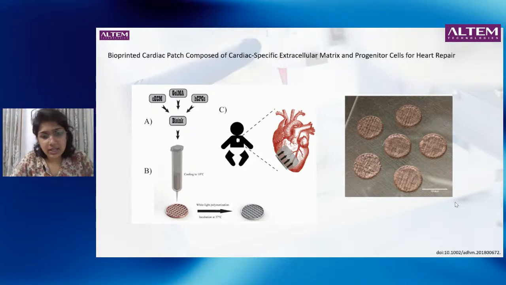The idea here is to repair ventricles, maybe in terms of congenital diseases, maybe in terms of repair after myocardial infarction. So they've created patches to put at a site where they will be able to do the testing in such a manner that there is a good amount of regeneration at the site of infarction, or at the site where the ventricle has not developed.